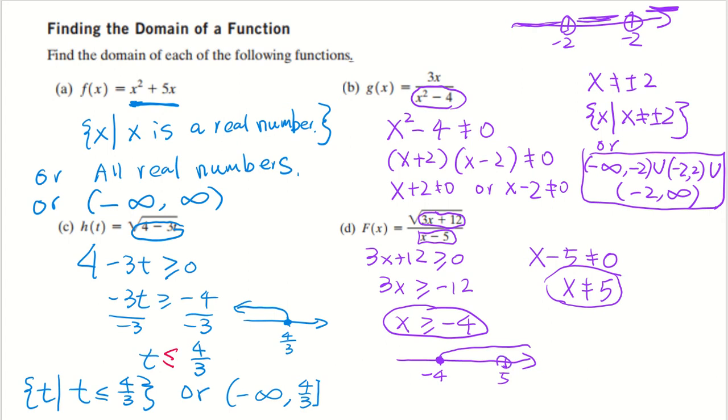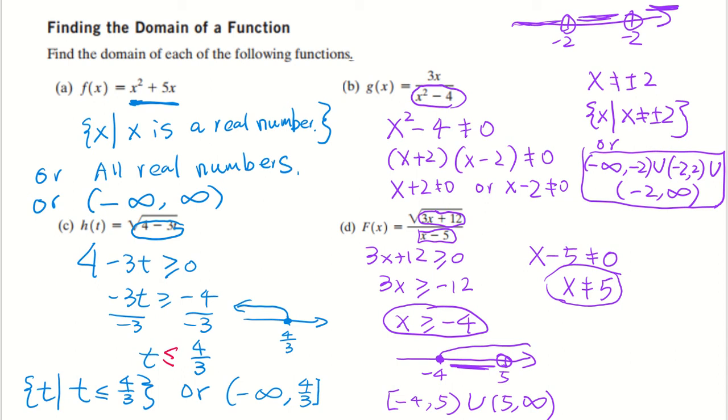So this is excluded. If you want to represent it in interval notation, that's from negative 4 to 5, parentheses, talking about this part, union from 5 to infinity.